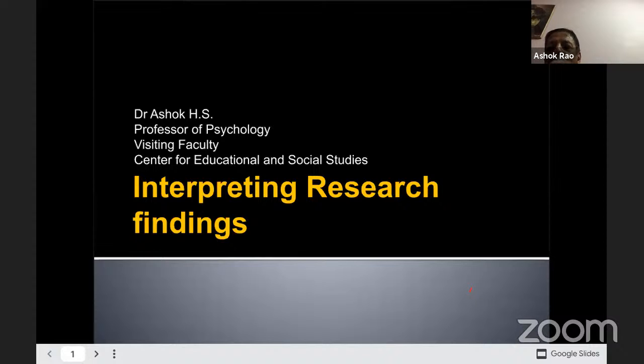Then you become curious to know whether you can study this particular difference. So whether the work-life balance of couples working in the same organization is different from the work-life balance of those who work in different organizations. Now, suppose you find a difference between the two.